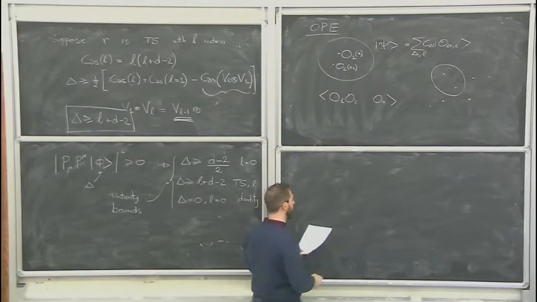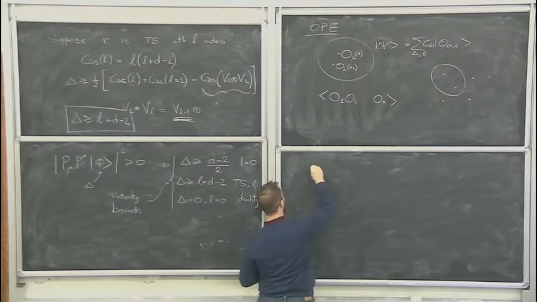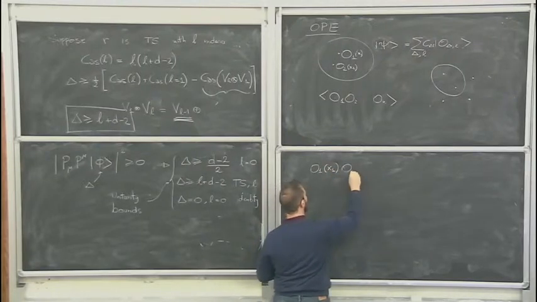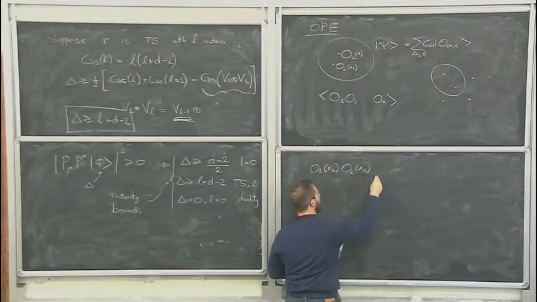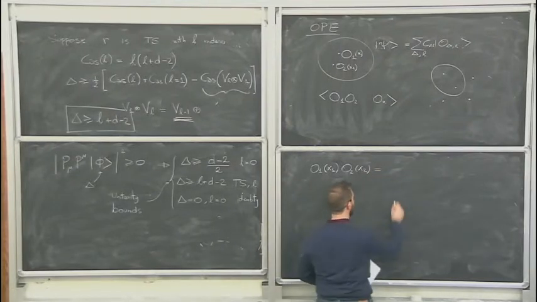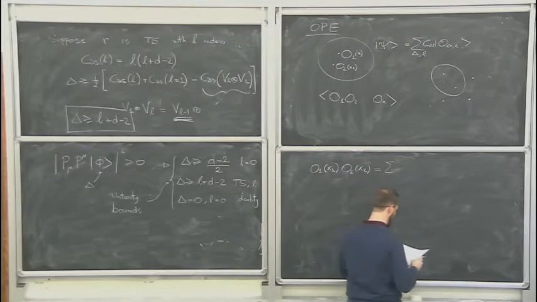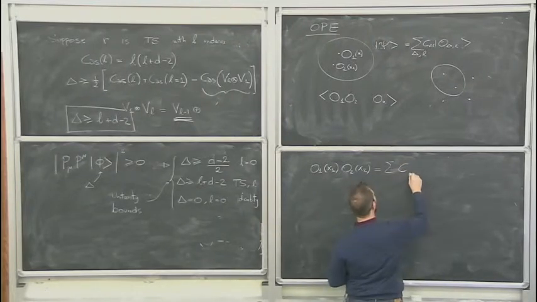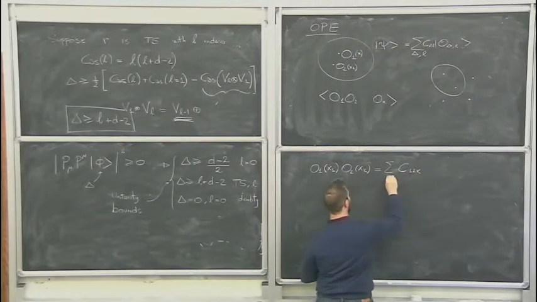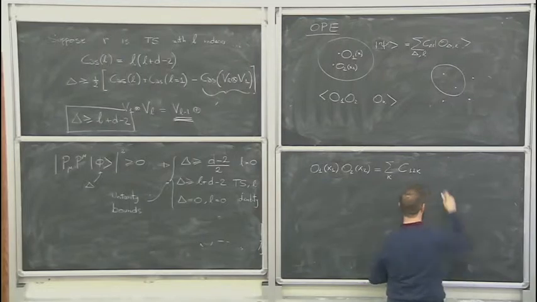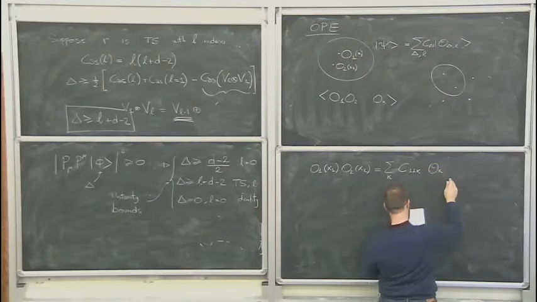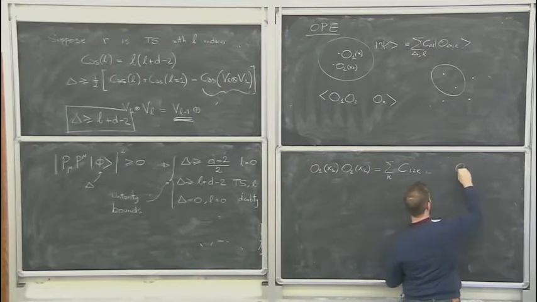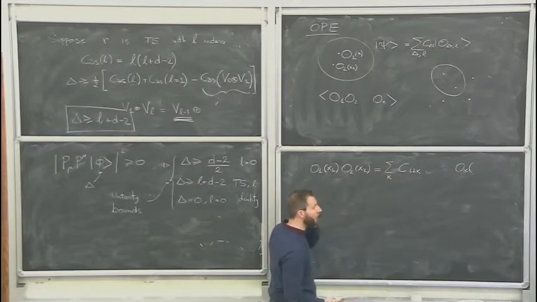Of course, it will not be valid as an identity, but you can think that whenever you have two operators, O1 and O2, inside the correlation function, you can replace this with a sum of some coefficient C_{12k}, sum over k, operator k, inserted, for instance, at some point inside the sphere.